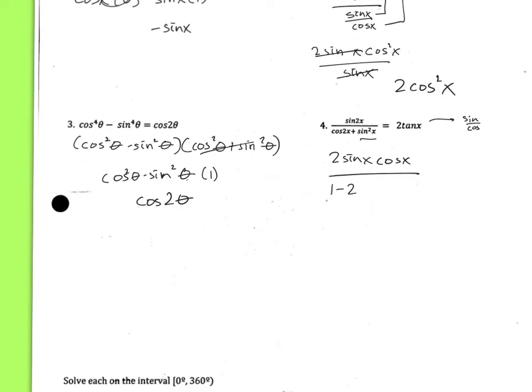1 minus 2 sine squared plus sine squared. The numerator is good. I don't think we can do anything with that. But the denominator, we've got some terms we can combine right here. So this is going to be 1 minus sine squared. Oh, look at that. That's Pythagorean identity. 1 minus sine squared is the cosine squared.